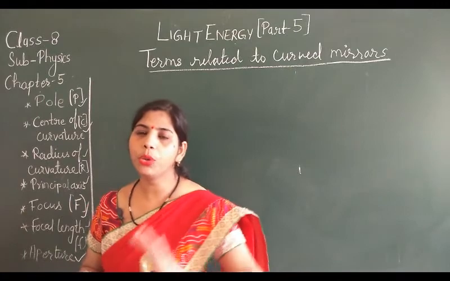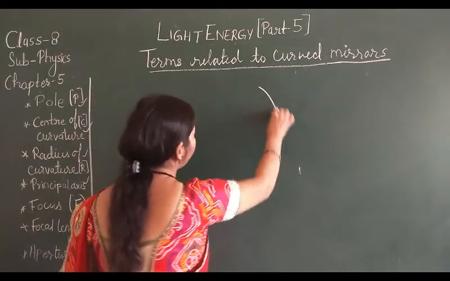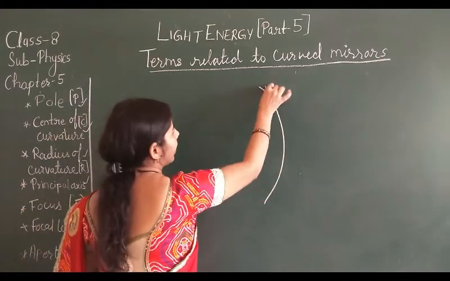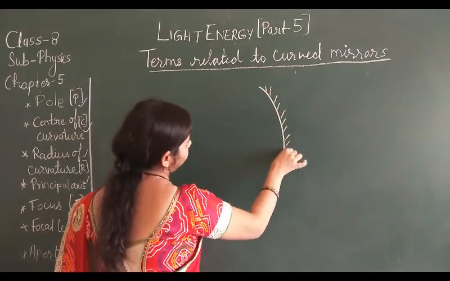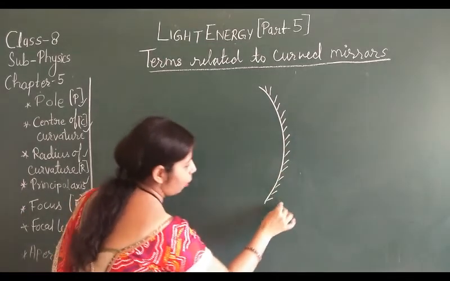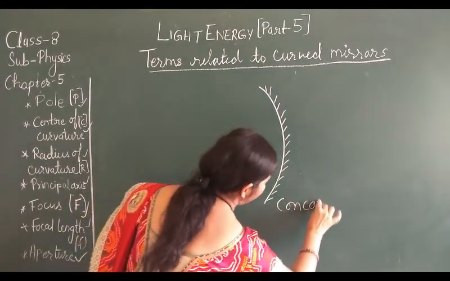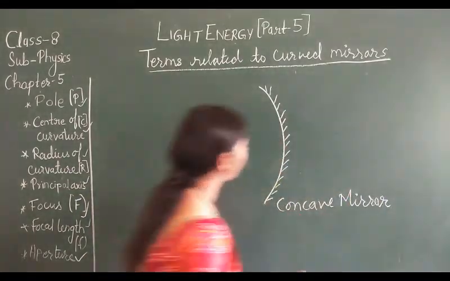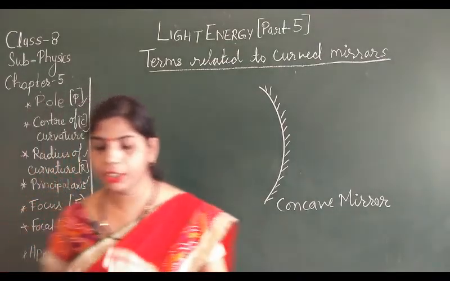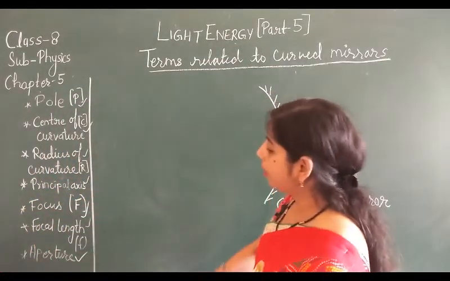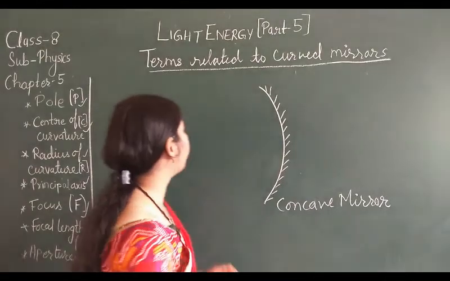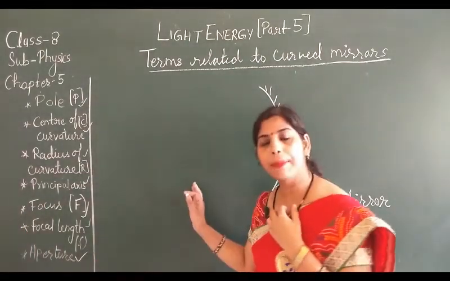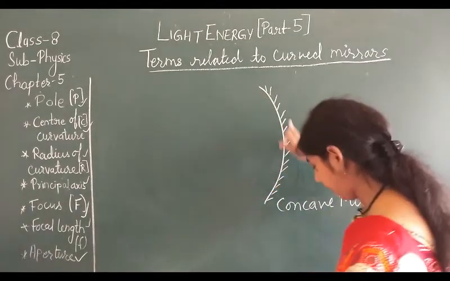So I am going to draw a mirror whose cave side is reflecting. That means this is a concave mirror, right? Now let us see the related terminologies. First, I am going to tell you about the aperture.